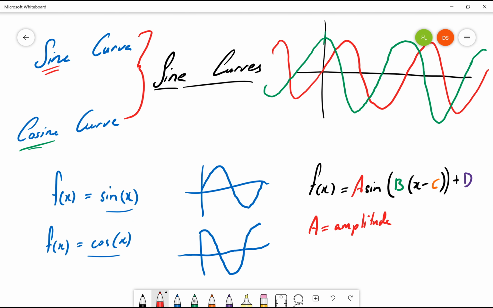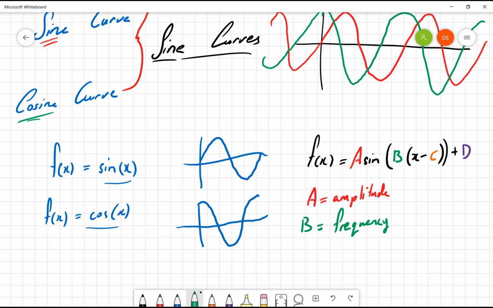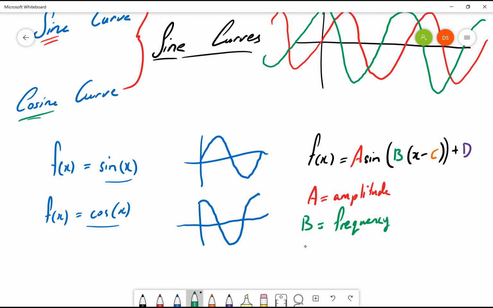Then we have B, which is the frequency. And then we have C, which is the horizontal shift.